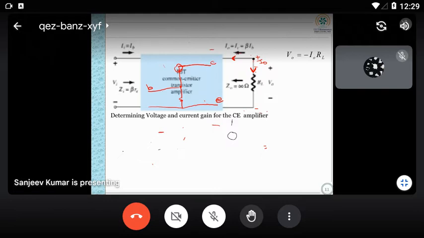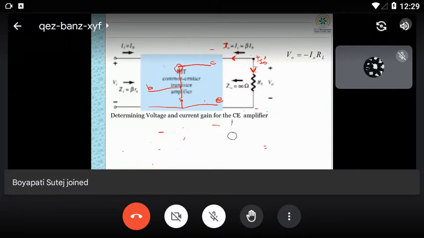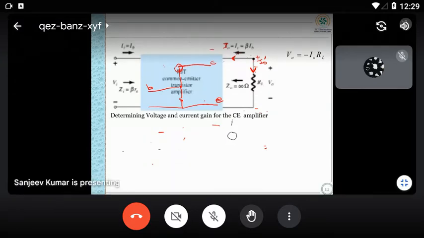Or I can take this as I0 dash. Now you can see this is IC and this is I0 dash, and the relation between IC and I0 dash will be opposite to each other. Are you getting me? Because the current flowing through the RL, the direction will be like this, and the IC direction is towards this one. So if you see, the magnitude will be the same, but out of phase.